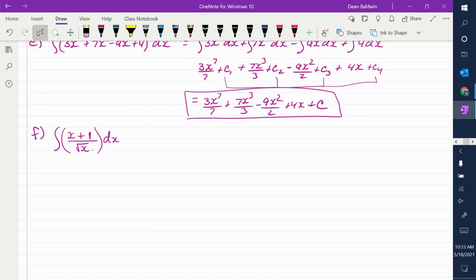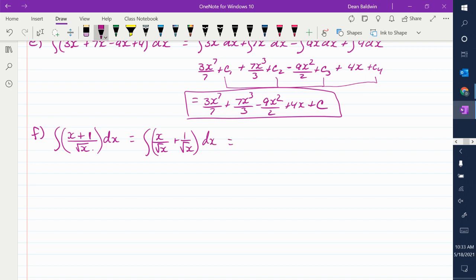But if you have a single denominator, divide it up. Even when we get to the more complex stuff, if you have one of these, divide it off. It makes your life way easier. And again, I'll show you all the steps, but you can do it in one step if you want. It's going to be x over root x plus 1 over root x.